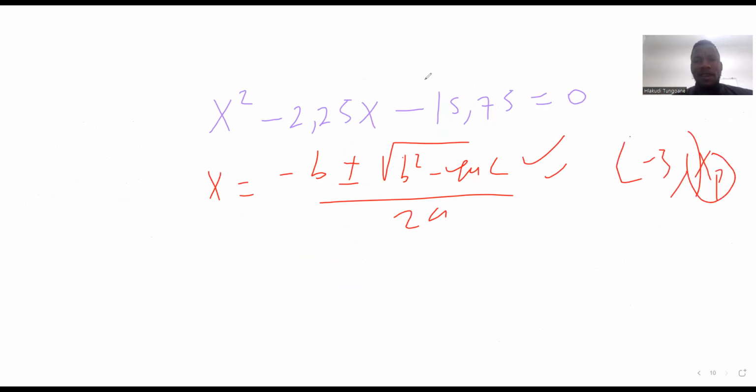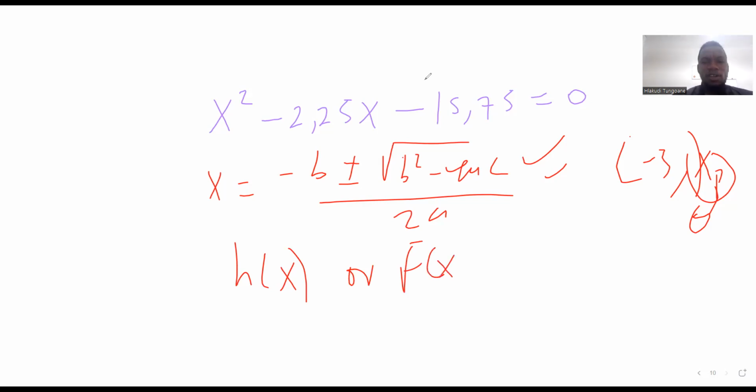Let's say xp. You're going to substitute this into either h of x or f of x, and that's going to give you your corresponding y value. Therefore, let's say x of r and y of r.